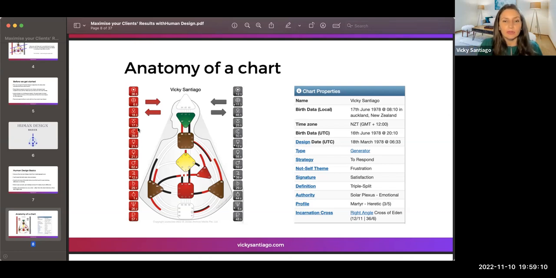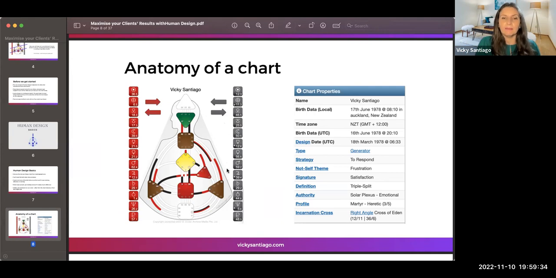The other thing you'll notice here is these lines down the side with the planets. This talks about the location of the planets at the time of your birth. The colors vary depending on the branding of the person you're getting the chart from, but generally speaking it's black.